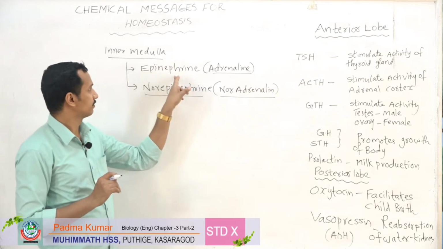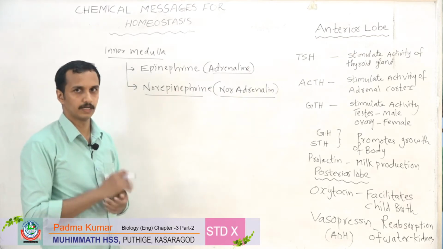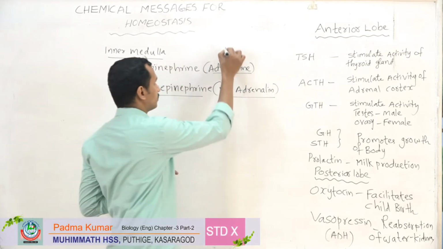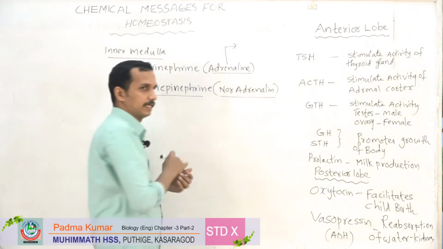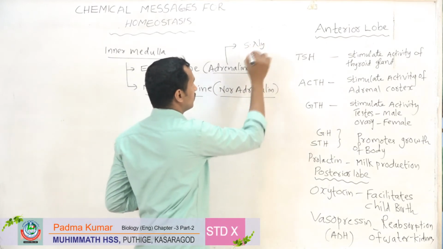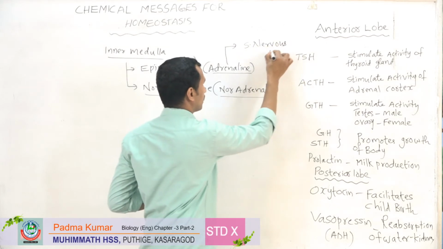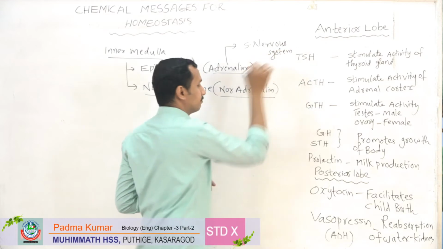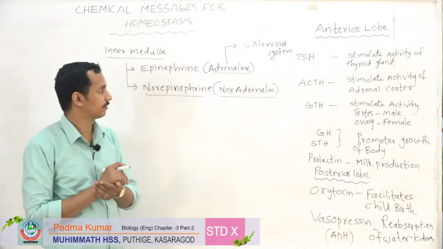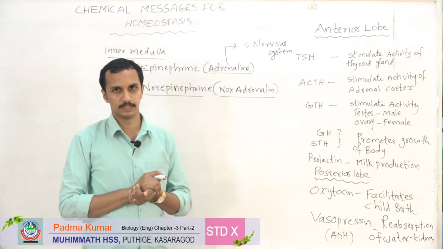First, we have to discuss the function of adrenaline, also known as epinephrine. It is usually associated with the sympathetic nerve system. We already studied the sympathetic and parasympathetic systems.